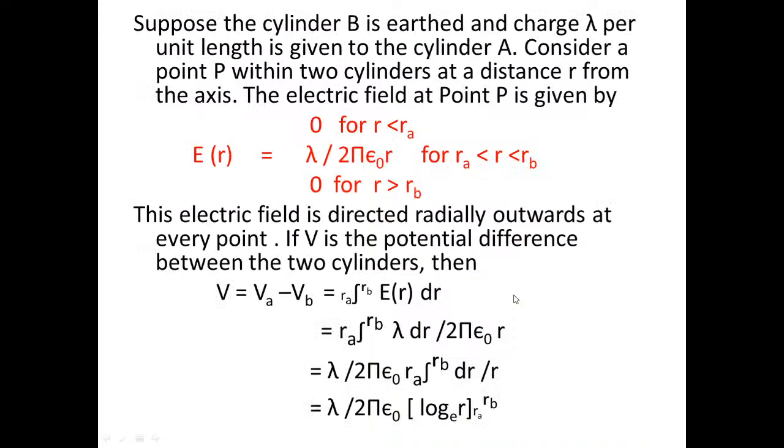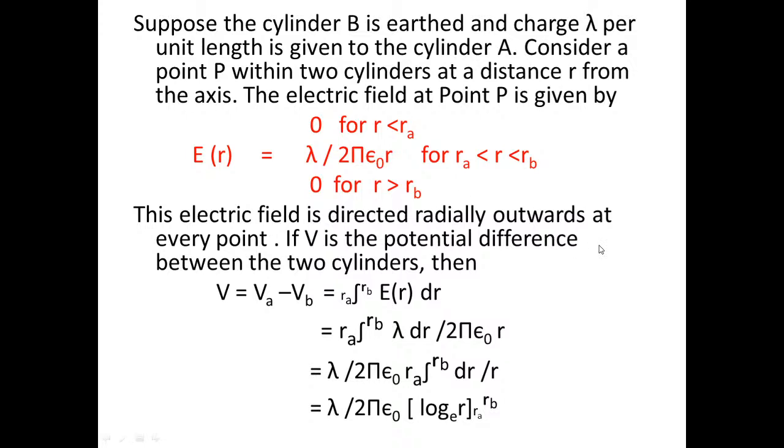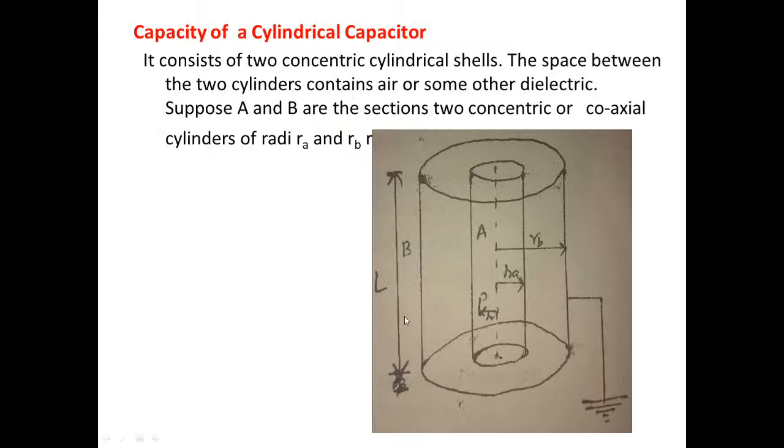It is equal to lambda by 2 pi epsilon naught into R when the point P lies at a distance greater than RA but less than RB, somewhere here. And it will be again 0 when this point P lies outside the outer cylinder.